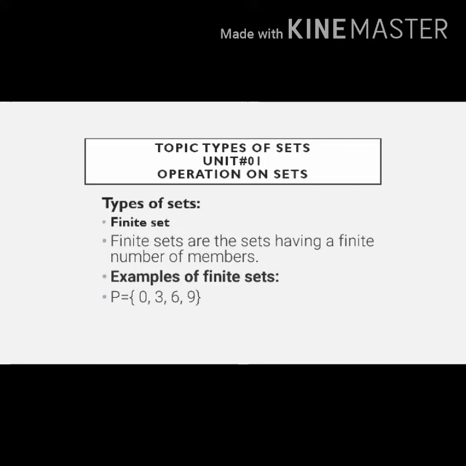That means the elements can be counted. Here we have an example of a set P whose elements are 0, 3, 6, 9, and these elements can easily be counted. That's why it is known as a finite set.